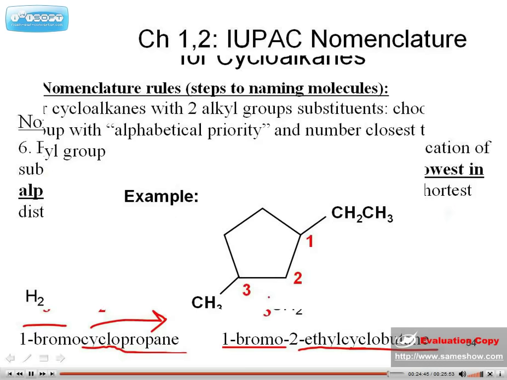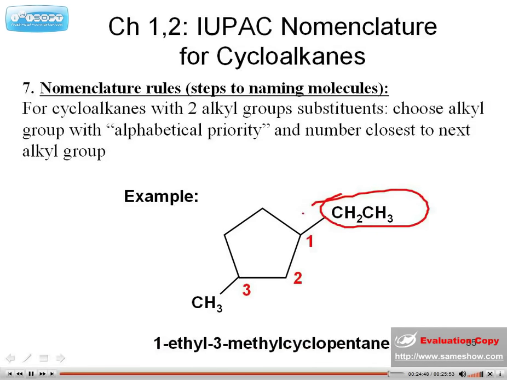Here's another example. In this case, E for ethyl, M for methyl, so 1-ethyl, 3-methylcyclopropane. You want to start counting carbons in the shortest distance from one substituent to the other. So notice we go 1, 2, 3, and not the other way around, because that would be a longer distance.